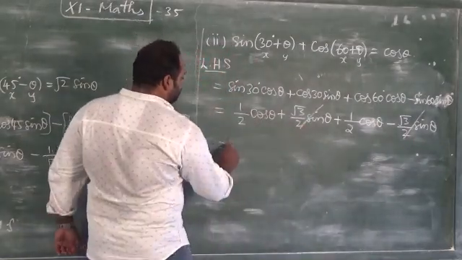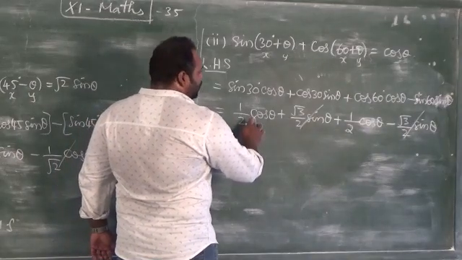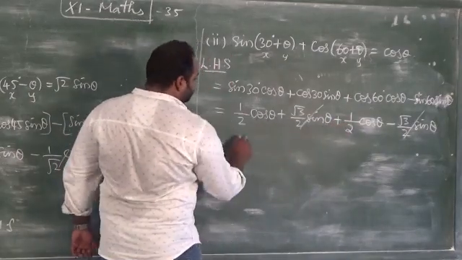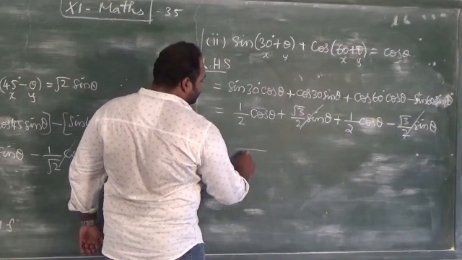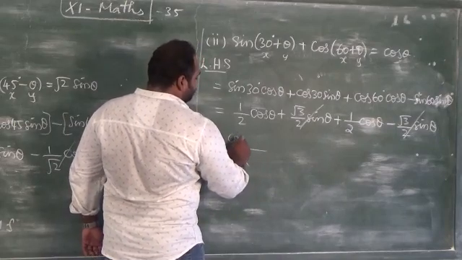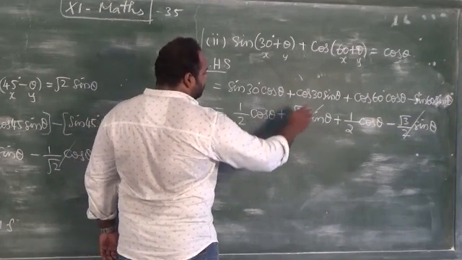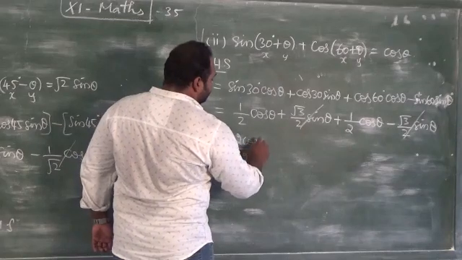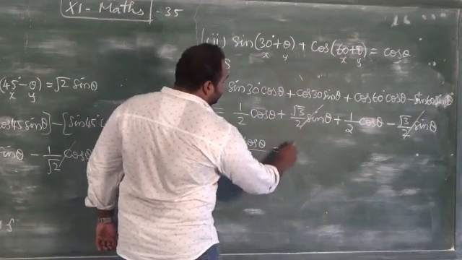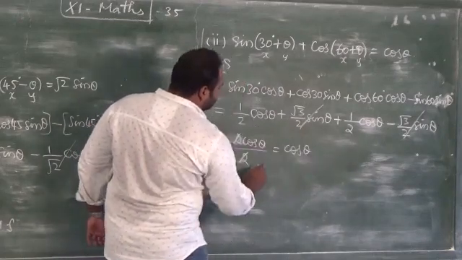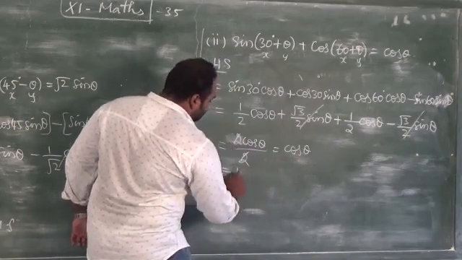So remaining is half cos θ plus half cos θ, full cos θ, which is cos θ, equal to the RHS.